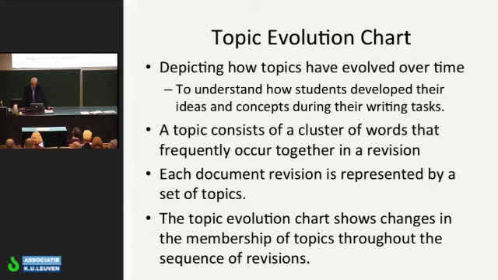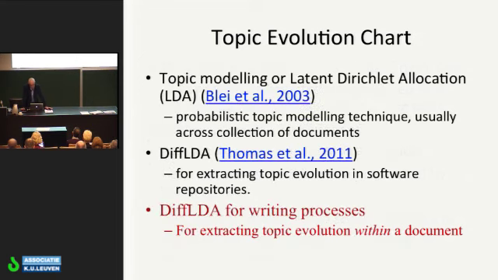Now, to identify topics, that's an active research topic in text mining, topic mining. And we decided to go with what's currently suggested as the best practice method, latent Dirichlet allocation, not latent semantic analysis.